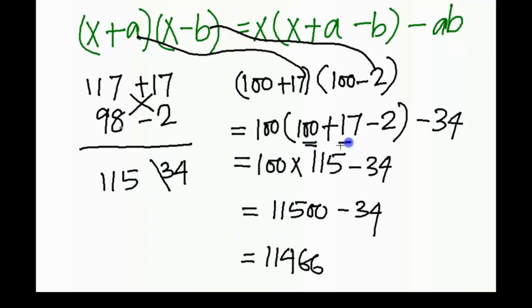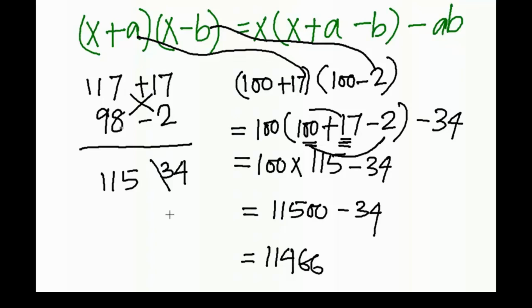Whatever we do, the answer is 115. I will demonstrate that again here. Either 100 plus 17 becomes 117, minus 2 so it becomes 115, or we can do 100 minus 2 which is 98, plus 17. So that is how this cross addition or cross subtraction works.